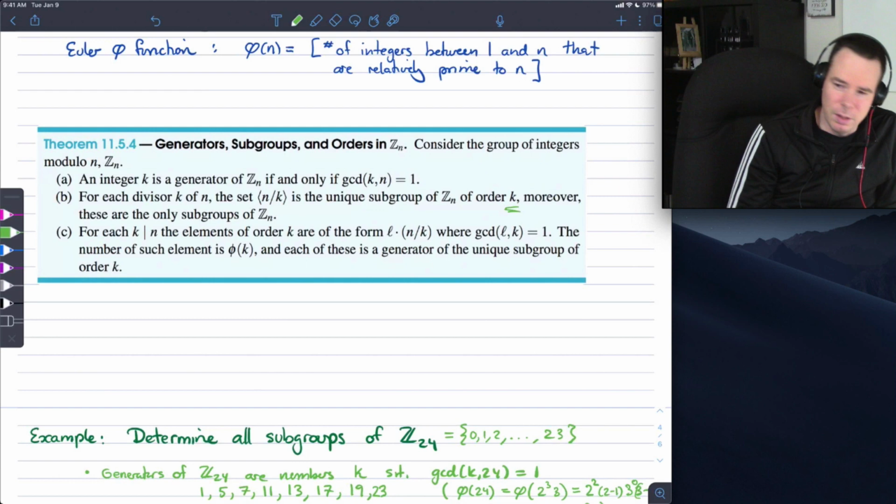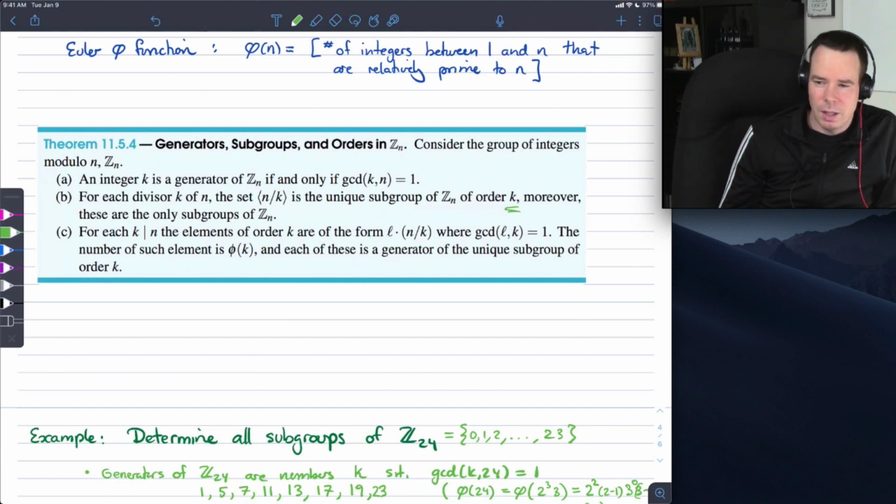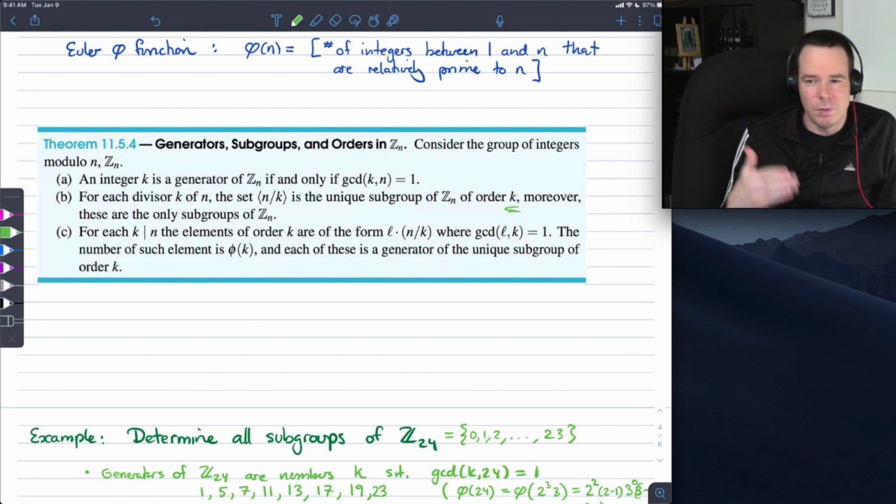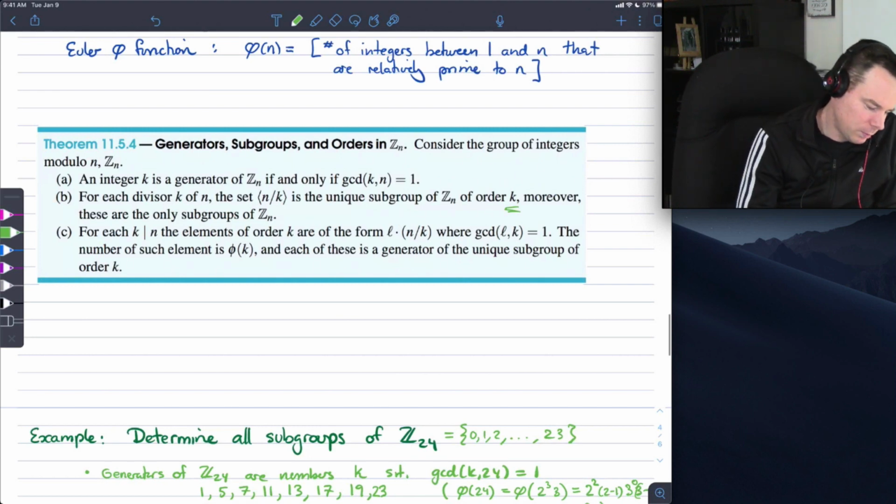For part B, for each divisor k of 24, the set generated by 24 divided by k is the unique subgroup of order k. So if I want to find one of size 12, taking k to be 12, since 12 divides 24, it means that 24 divided by 12, or 2, generates the unique subgroup of size 12.